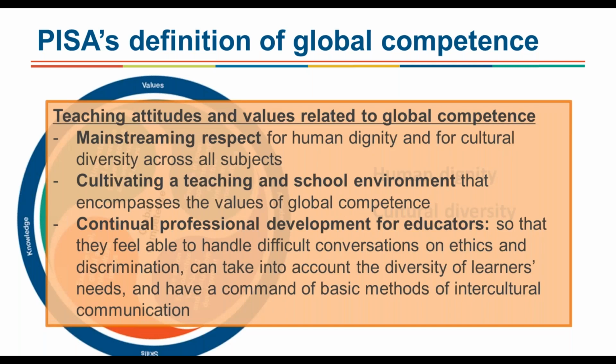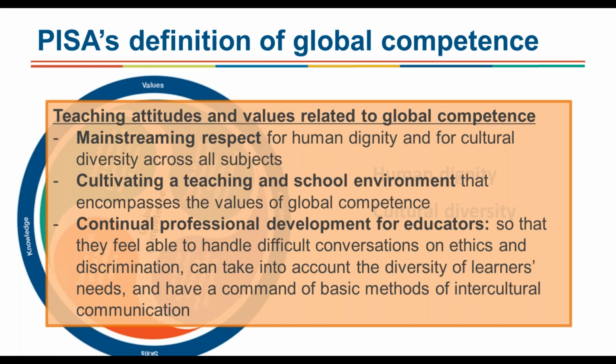And the way that these can be integrated into schools can be by mainstreaming the respect for human dignity and for culture across all subjects, and also by cultivating the sorts of teaching and school environment that encompasses these values.